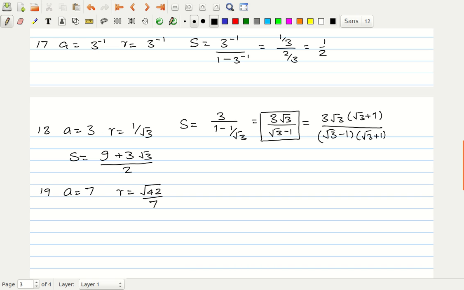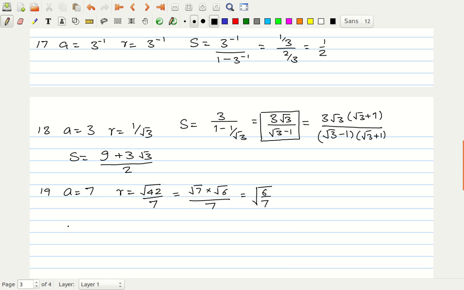Now we know that 7 square is 49, so square root of 42 is definitely less than 7, so r is going to be less than 1. So we can use the formula for infinite series. Anyway, let us simplify this further. So square root of 42 can be written as square root of 7 times square root of 6 divided by 7, which is equal to square root of 6 by 7.